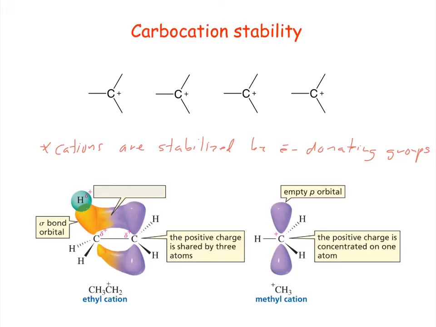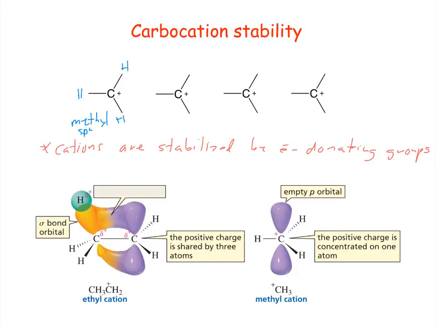All right, so in this case what we're looking at is different amounts of substitution around the carbocation. Okay, so we could start with just H's all around here. This would be the methyl carbocation. Remember what we said about these cations before, in that they are sp2 hybridized, making them trigonal planar.